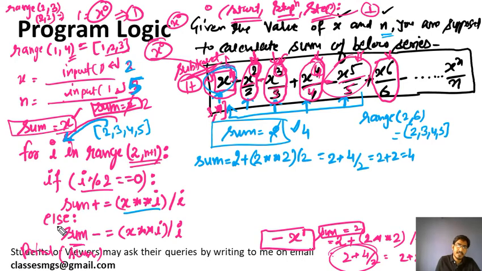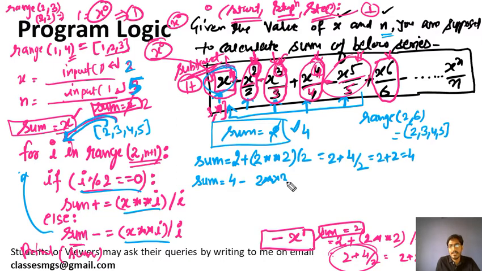Now this else will not execute, our loop will continue, and next time 3 will come in this i. When 3 comes, this condition will become false, because 3 % 2 is not 0, it is 1, the remainder is 1. That's why sum equals the sum value, which is 4, minus x double star i, 2 double star 3 divided by 3.